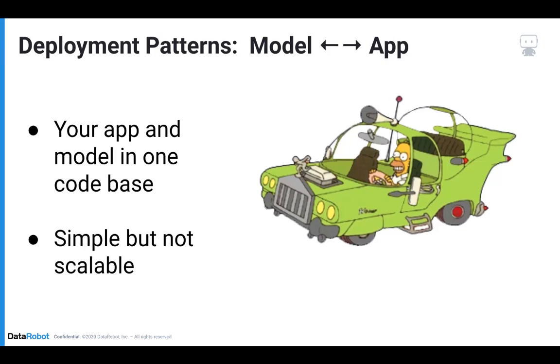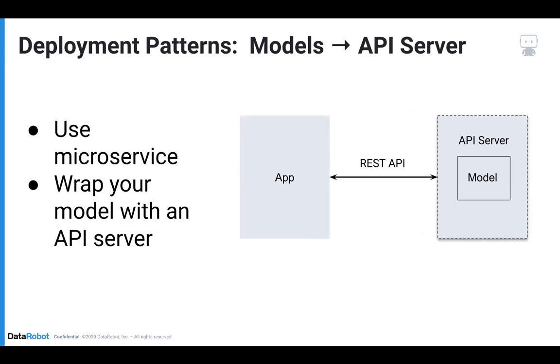Okay. So people will do this. They'll combine everything to get a quick POC running, just to make sure things will actually work. But the typical pattern you see in machine learning is to separate this functionality out into two parts and have them communicate back and forth.